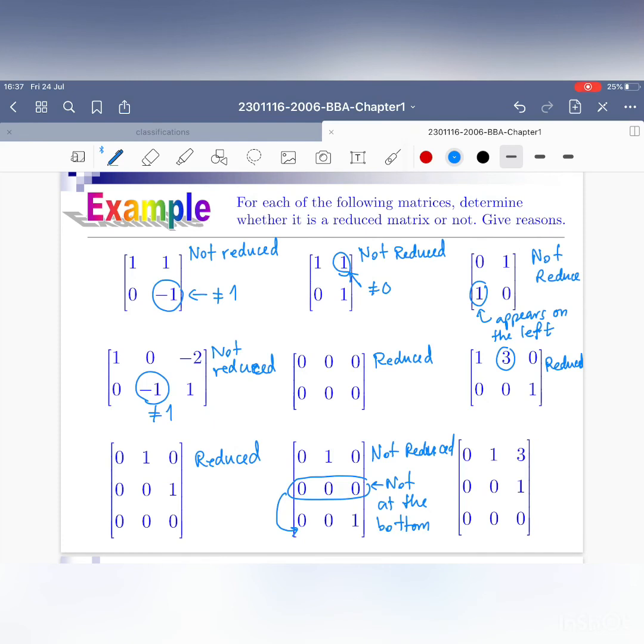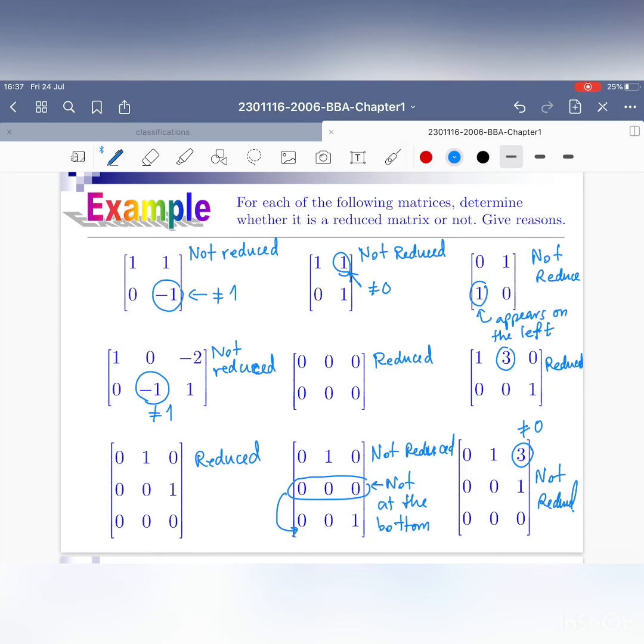Okay. How about this last one? This one is the first non-zero row. Here is the leading, it is 1. The rest it is 0, so it's okay. Here's the second non-zero row. There is 1, but the rest is not 0, so it is not reduced. Okay, right?